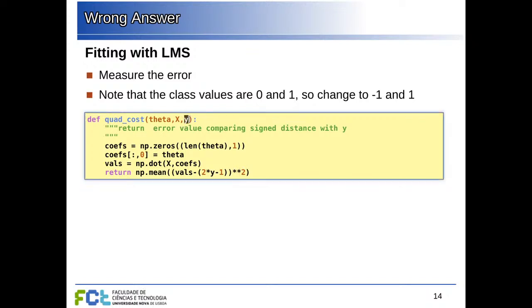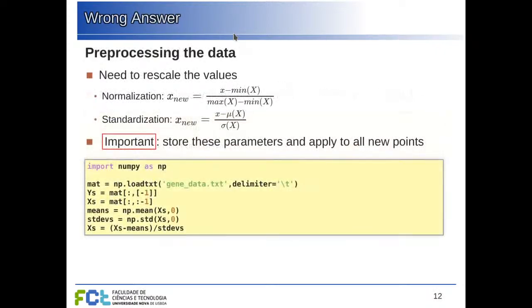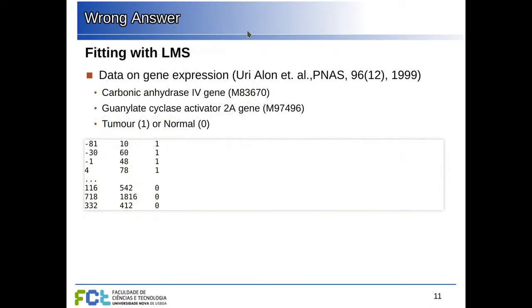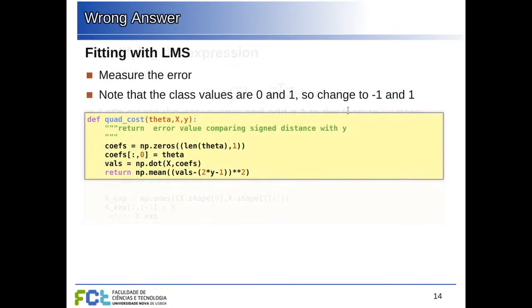And we have the target classes. Just remember that the target classes in our data set are 1s and 0s, and we want to convert these to -1 and 1, but we can do it like this, it's easy.